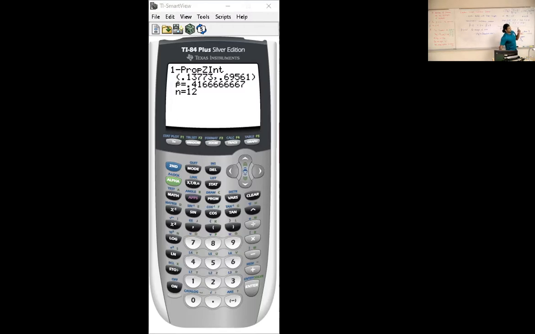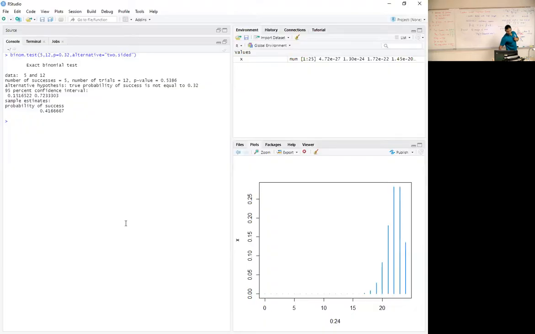So in R, the interval looks slightly different. Do you agree? That is 0.15 and 0.72, because R doesn't use Laplace-Wald confidence interval.